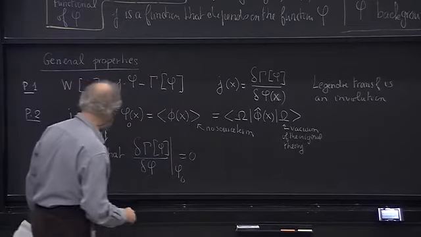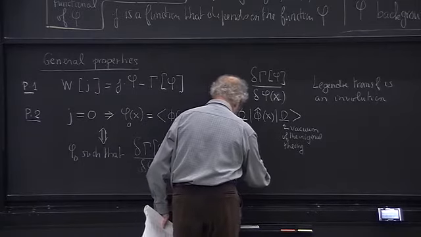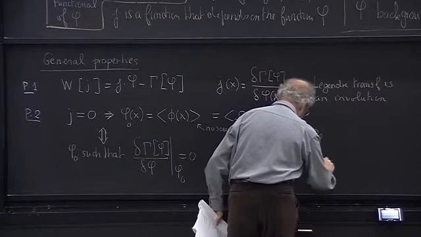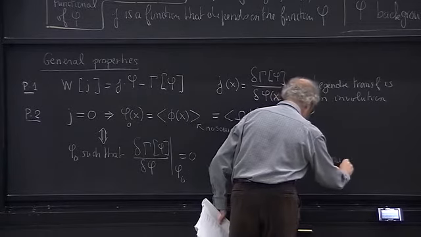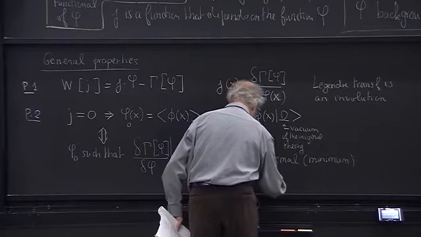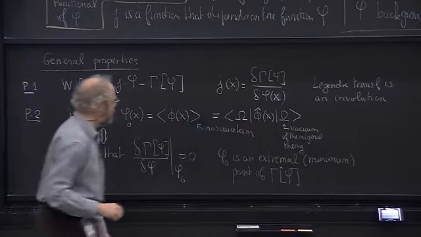In other words, phi 0 is an extremal, and in fact a minimum point of the effective action gamma of phi.